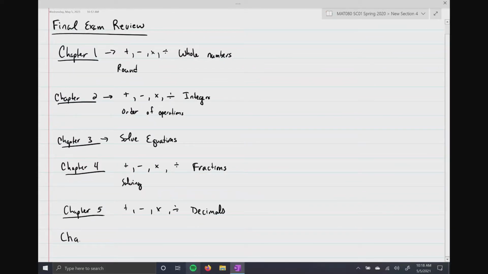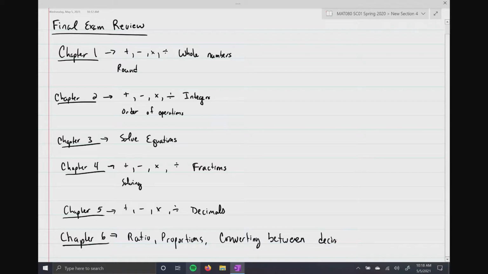And then chapter 6, we learned about ratios, proportions, converting between decimals, fractions, and percents.